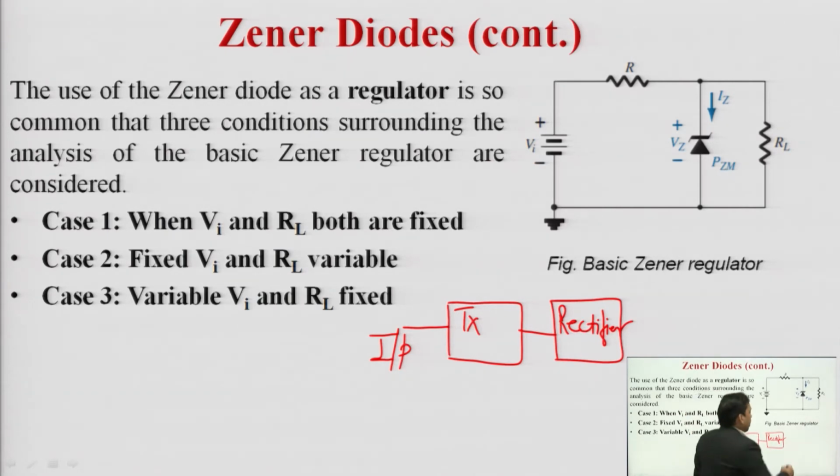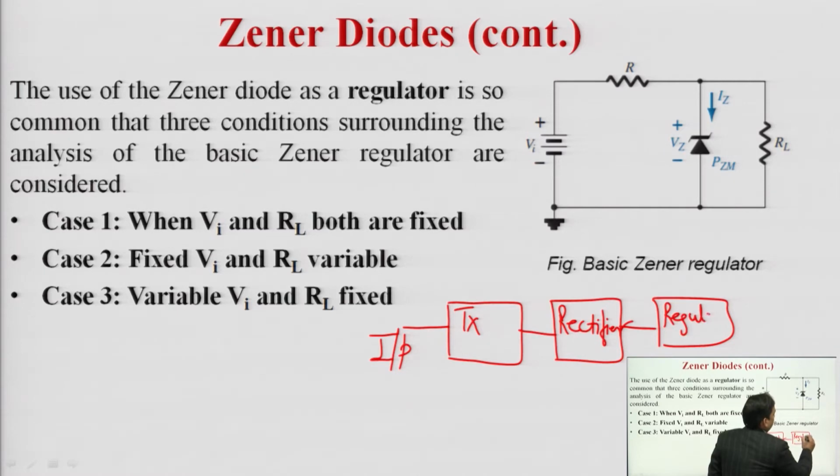The output is not a pure DC here, but our application needs a pure DC. So, we need to put a small regulator after the rectifier, so that whatever the output is can be applied to the application.